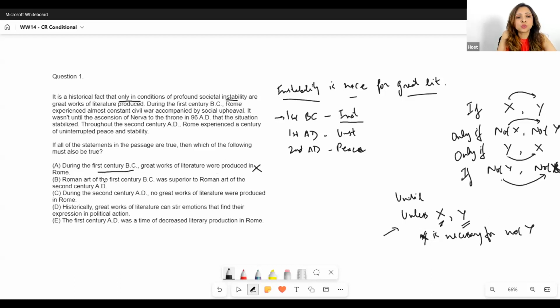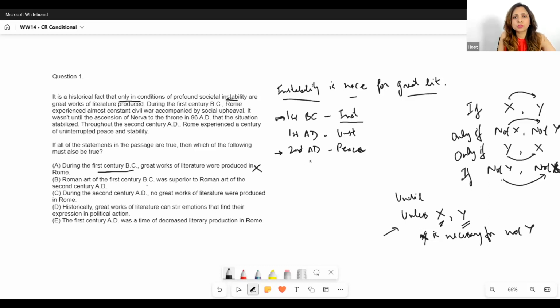Look at B. Roman art of the first century BC, again, we're talking about this one, was superior to Roman art of the second century AD. Second century AD is this one. Now, again, can we say that? It is not necessary, right? We don't know what kind of Roman art was produced in the first century or in the second century.